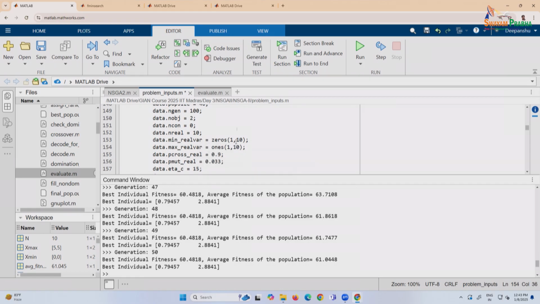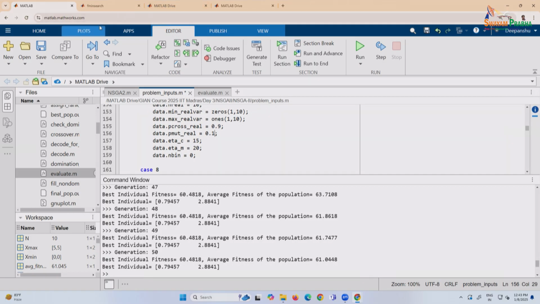So zeros means the lower bound for every variable is 0, ones means the upper bound is 1. MATLAB has these two things there as a macro. Real crossover 0.9, mutation 1 over 10, this 0.1, usually 1 over n we keep, and 15 I kept for eta c, eta m 20, so that's fine.